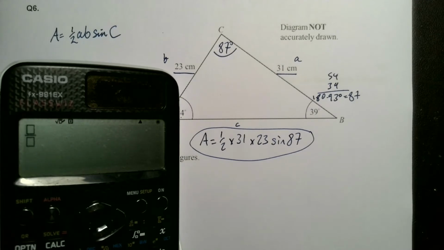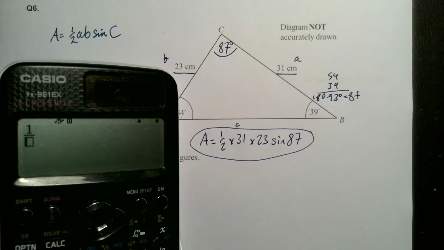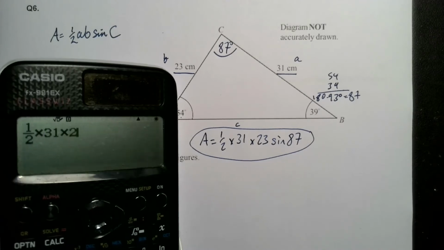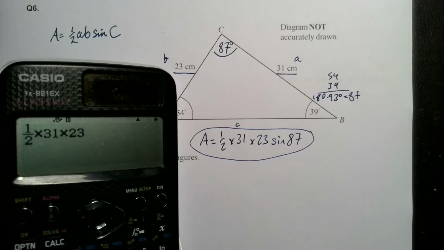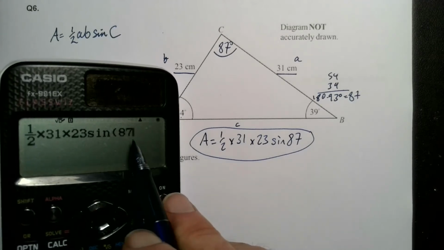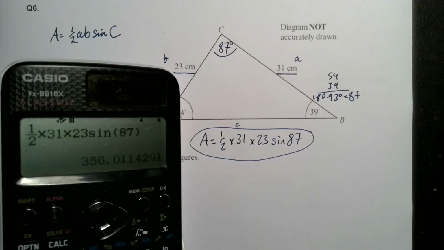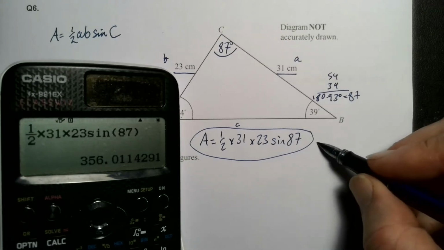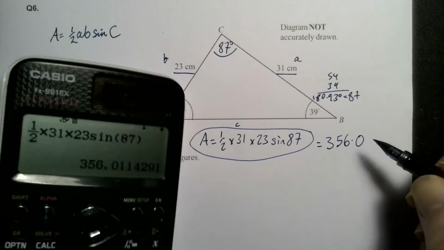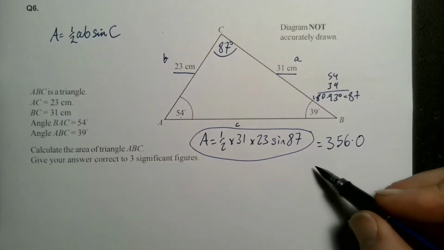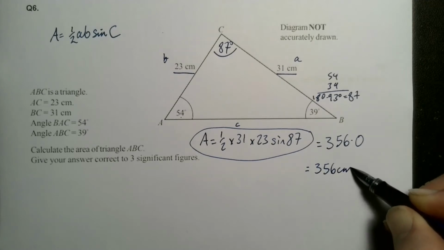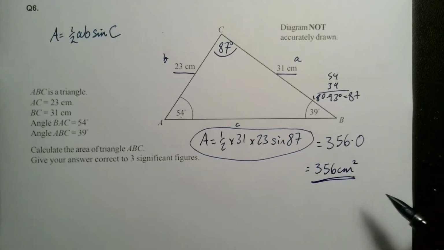So 1 over 2 times 31 times 23 sin 87, make sure you close that bracket, equals 356.0. It wants three significant figures, so that's just going to be 356 centimetres squared.